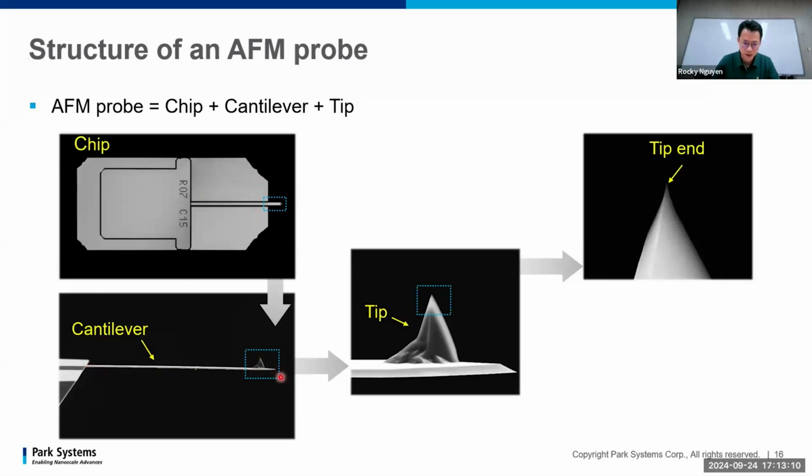And at the very end of the cantilever, this is the real AFM tip. The part that interacts with the sample surface during measurement is the very end, the tip end, like this, very small, tiny. And a typical AFM tip has a curvature radius at the tip end of about 7 to 10 nanometers.